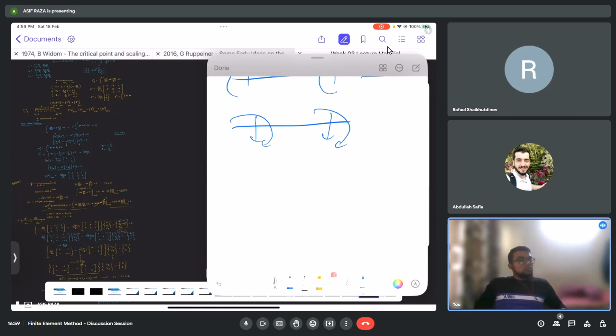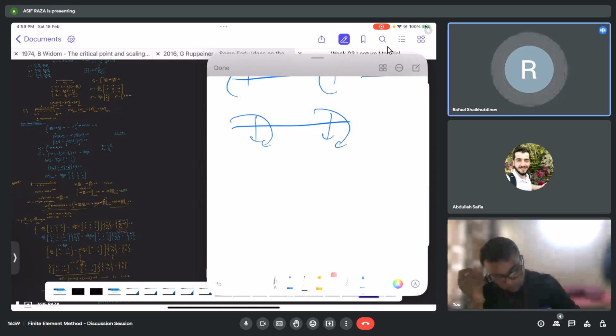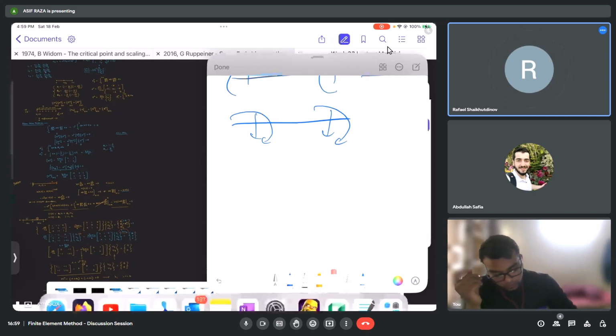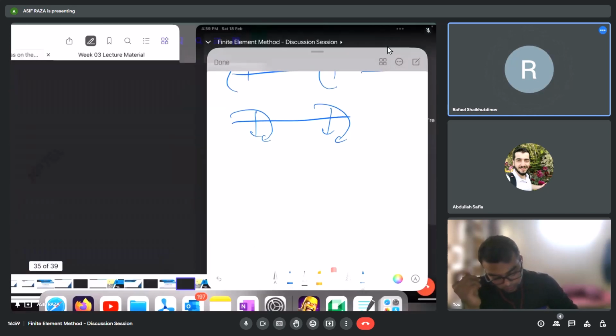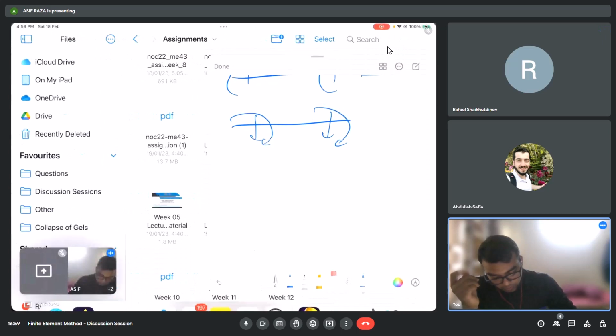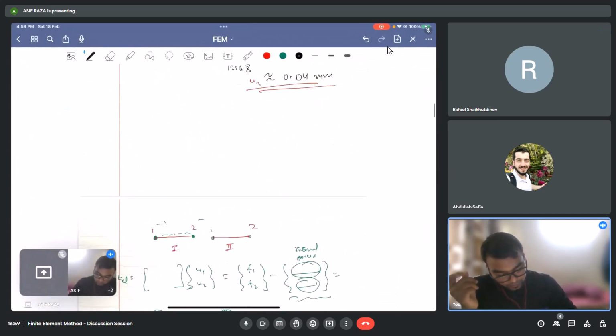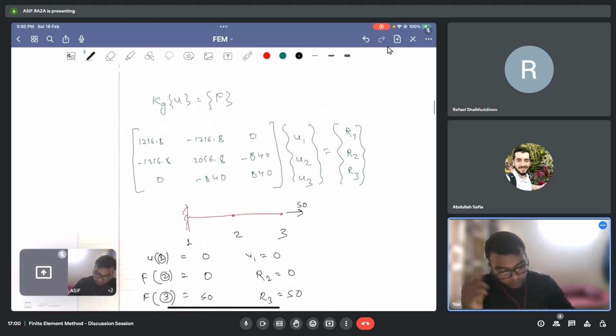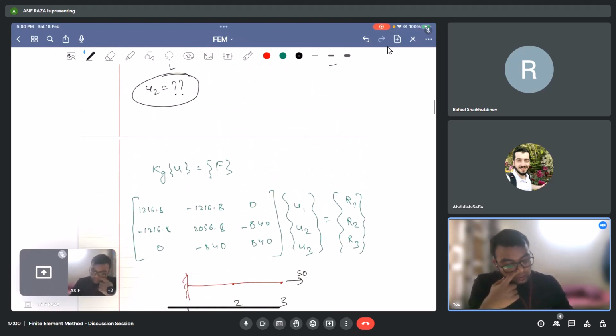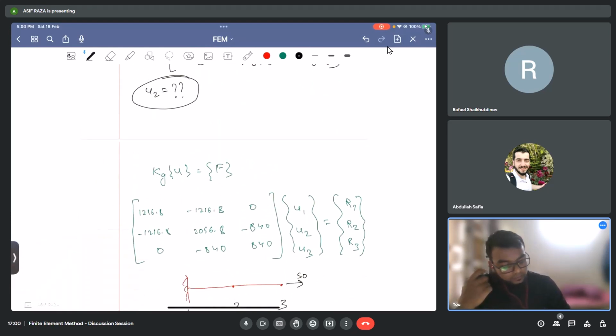Don't think of it as internal force, just see it as something called a force quantity. Let me show, I solved one question. Here I took R1, R2, R3 in the first value.